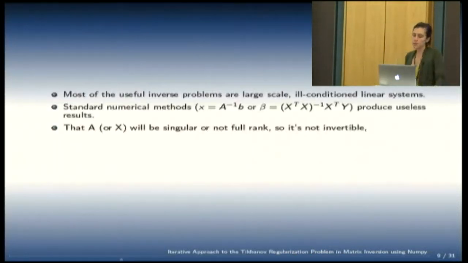Most inverse problems that are large scale have ill-conditioned linear systems. So you have a matrix, and the vectors tend to be collinear, and so the matrix itself is hard to invert or singular. So what a lot of packages will do is use a pseudo-inverse method to invert the matrix.